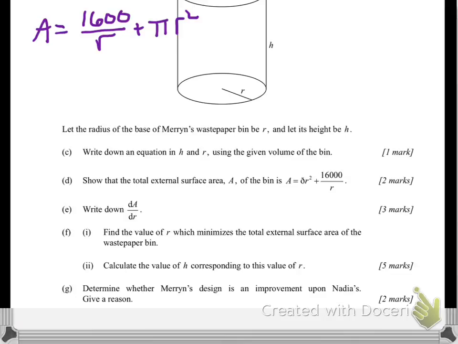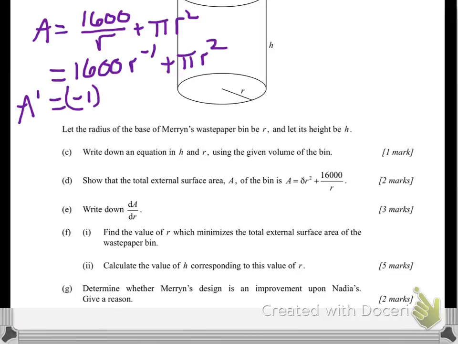All right, so before I can do the derivative here, I need to bring everybody upstairs. So this is going to be 1600 r to the minus 1 plus pi r squared. So now I'm going to take the derivative of A, and so I'm going to get negative 1 times 1600 r to the minus 2, because it's a minus 1, plus 2 pi r.